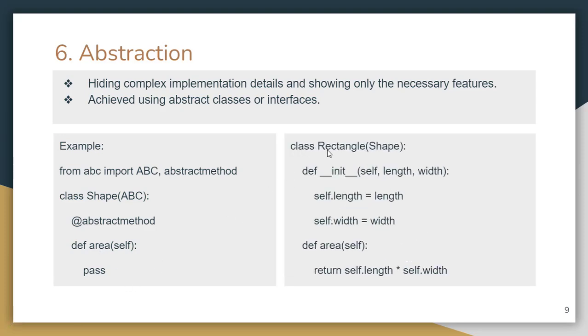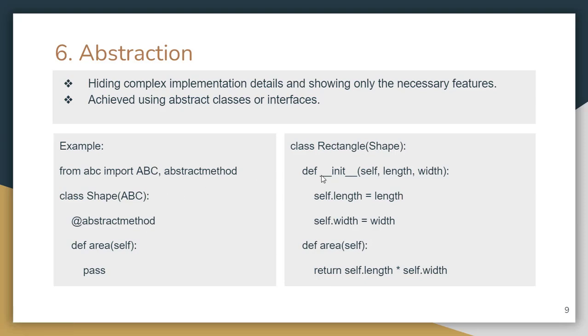Next, class Rectangle. Rectangle inherits the Shape class. def __init__(self, length, width): self.length = length, self.width = width. def area(self): and here I define return self.length * self.width.